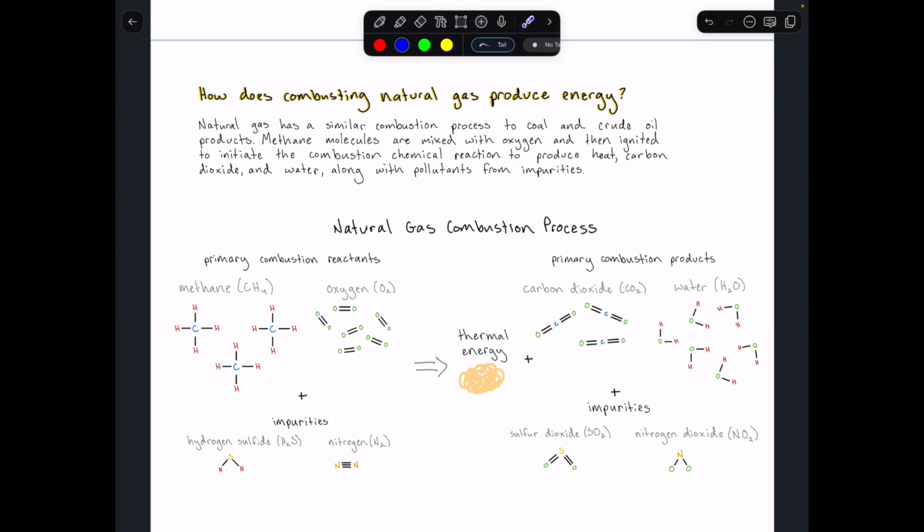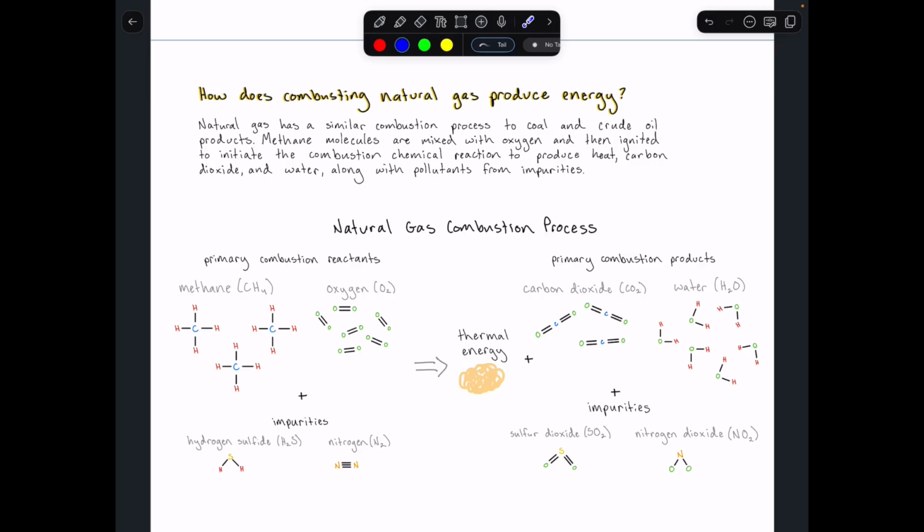But because natural gas is not composed of purely methane, there are some other impurities present. The air that's brought in for the reaction has nitrogen, and hydrogen sulfide is a common impurity in natural gas. As a result, additional chemical reactions occur during combustion that produce pollutants such as nitrogen dioxide and sulfur dioxide.